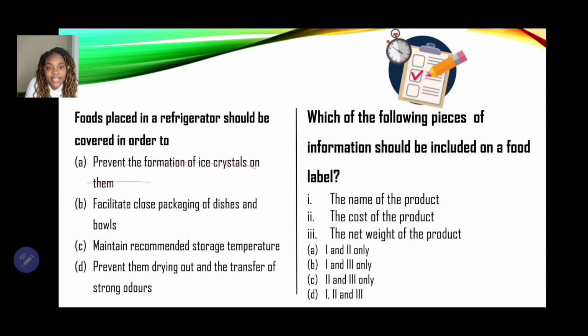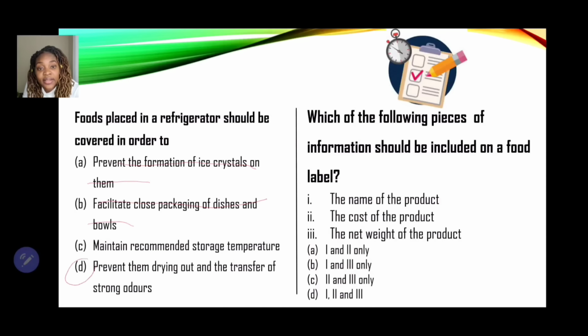B, facilitate close packaging of dishes and bowls. No, not really either. C, maintain recommended storage temperature. And D, prevent them drying out and the transfer of strong odors. So the ideal answer there is what?